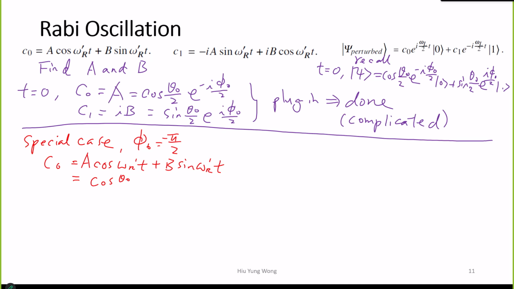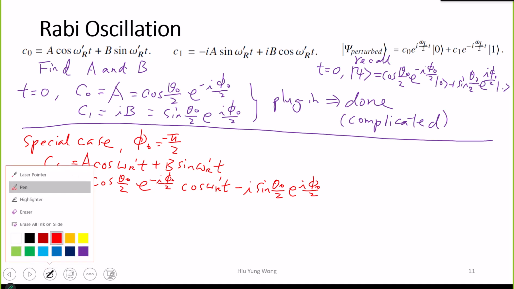Cosine theta 0 over 2 e to the power negative I phi naught over 2, and then I'm going to multiply this by cosine omega r dash t. And then B is actually negative I, the reason is IB equals this, so B is equal to this divided by I. So I got negative I sine theta 0 over 2 e to the power I phi naught over 2.